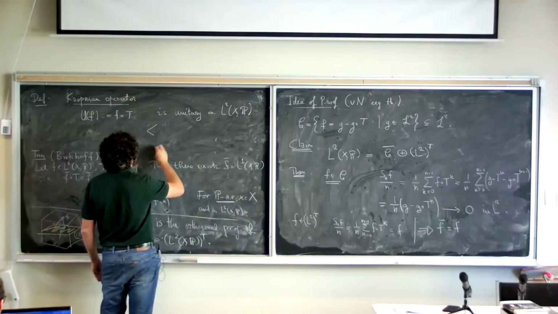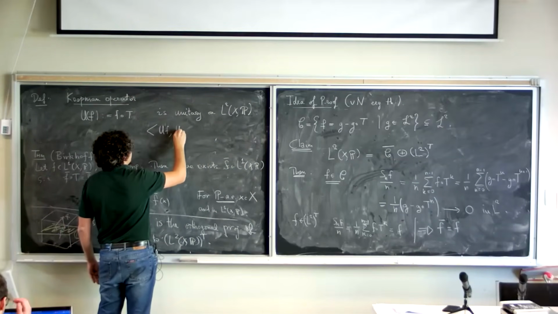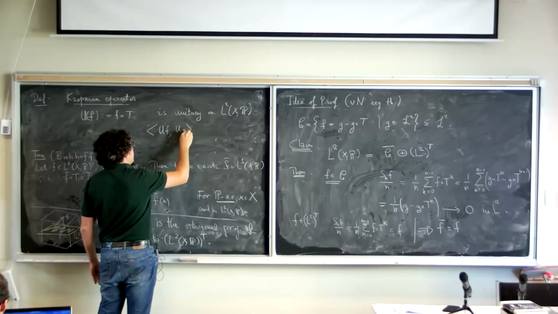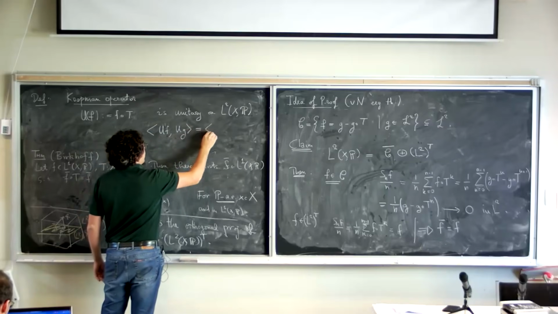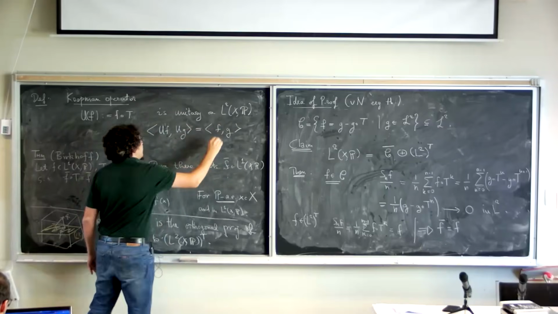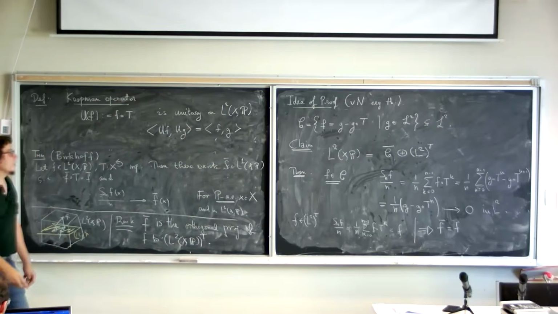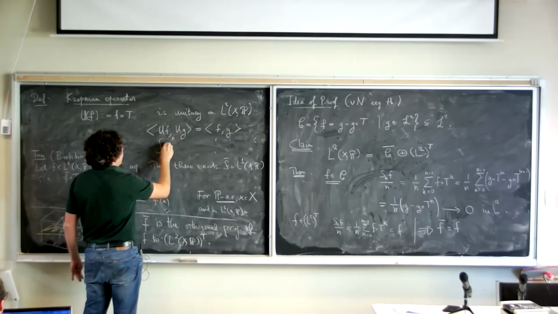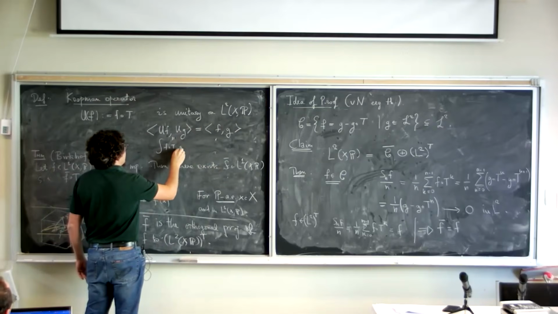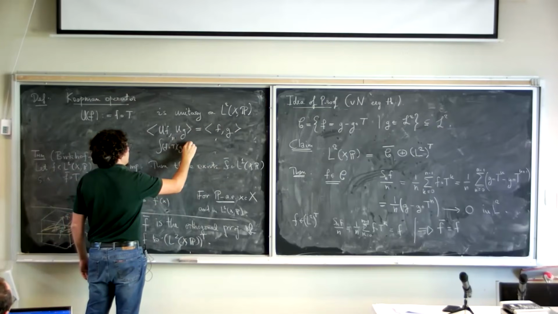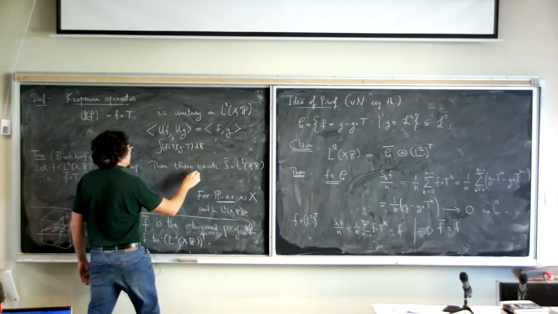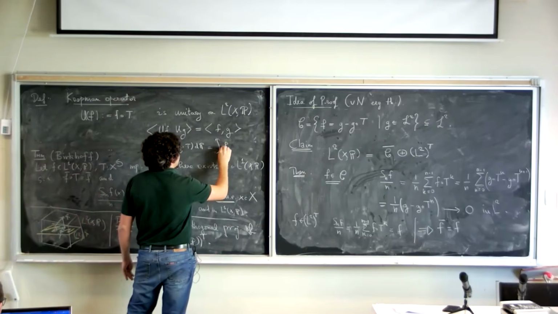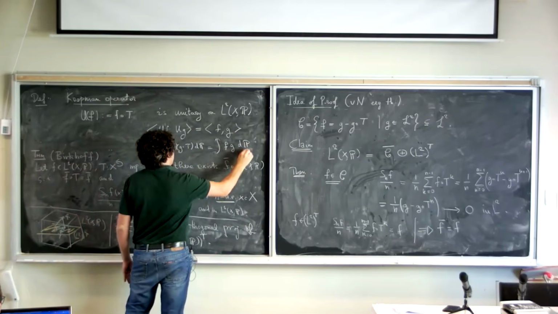Just because the inner product of Uf and Ug, by the measure preserving nature of T, is the inner product of f and g. Because this is the integral of f composed with T times g composed with T, dP, which is the same by changing variables as the integral of fg dP.